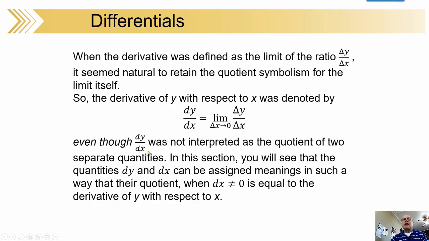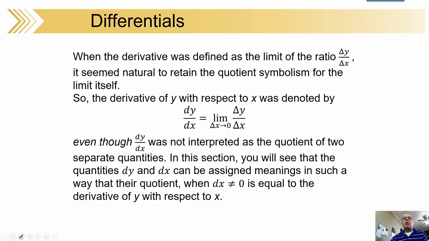Usually dy/dx was just put together into one piece. But what you're going to see here is dy and dx can be separated. They can be thought of as a quotient. So we'll grab a pen here and we'll start rolling along.